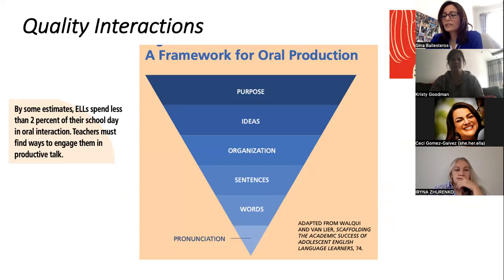More on quality interactions. We can design lessons that involve multilinguals' participation in subject-specific oral practice to accomplish clearly defined lesson goals. And we have great opportunities when we co-plan with our co-teachers or when we are planning our small group instruction.